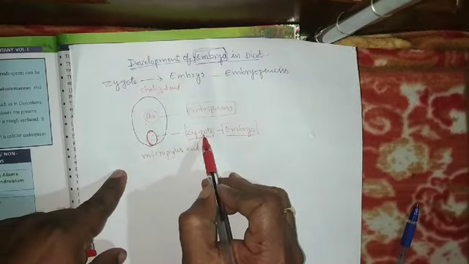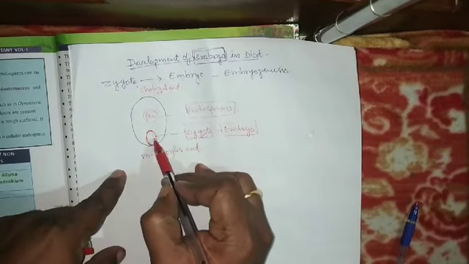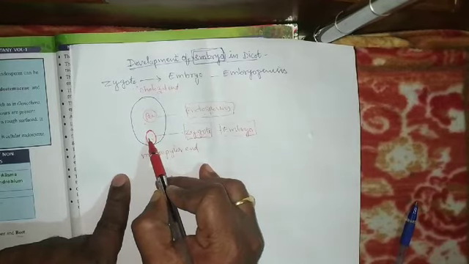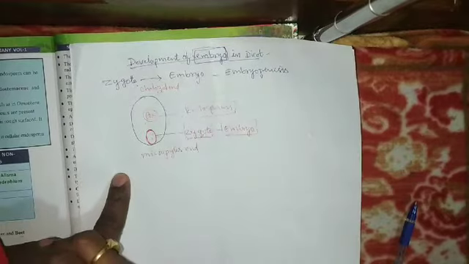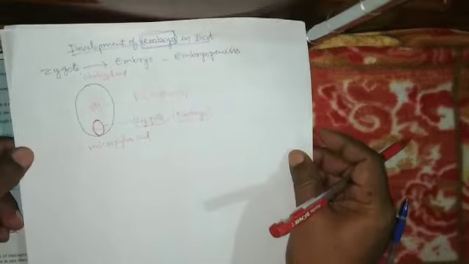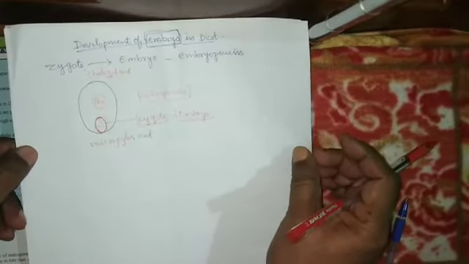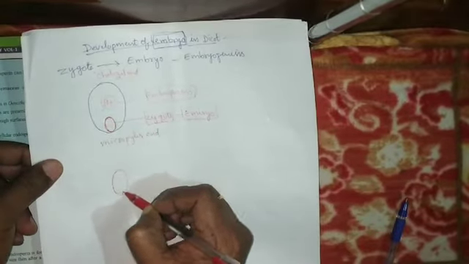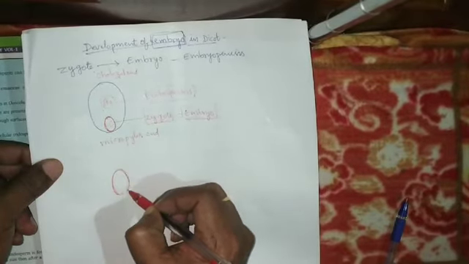After the development of the endosperm, when the food material is available, the zygote starts dividing and forms the embryo. The zygote absorbs the food material, swells and starts division.